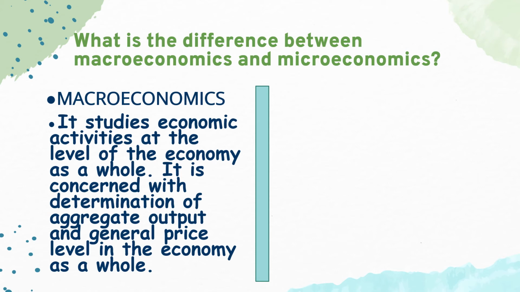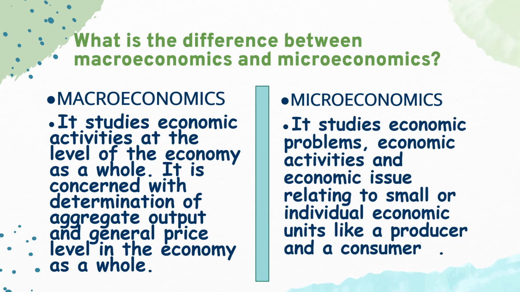It is concerned with determination of aggregate or total output and general price level in the economy as a whole. As opposed to that, of course, we have microeconomics, which studies economic problems, economic activities, economic issues relating to small or individual economic units, like, for example, a producer or a consumer.